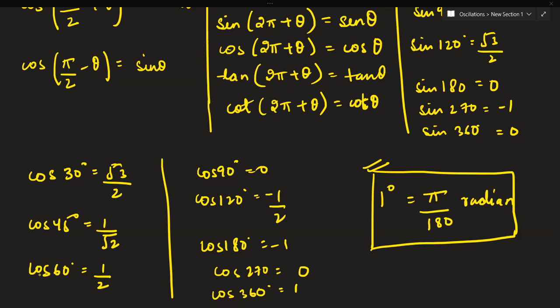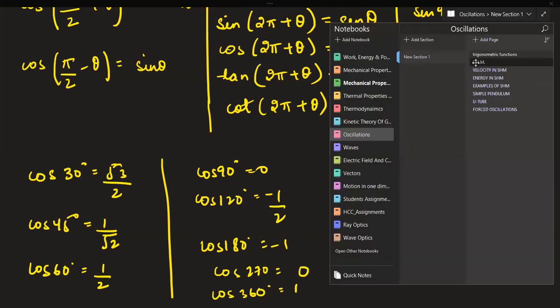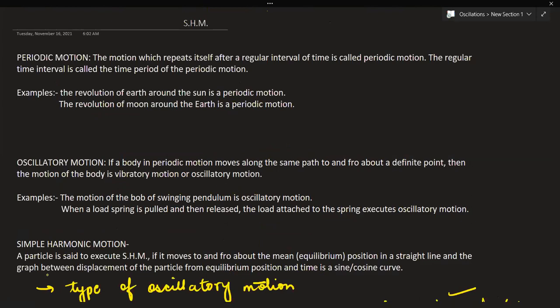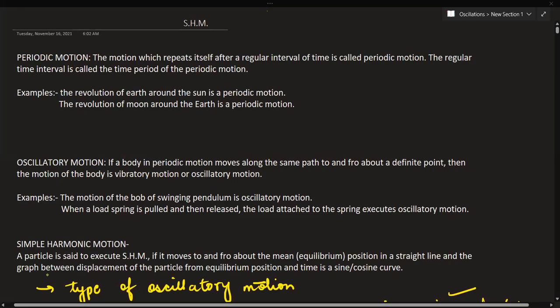Done, ma'am. All right. So let's understand what SHM is, what is meant by periodic motion, what is meant by oscillation.